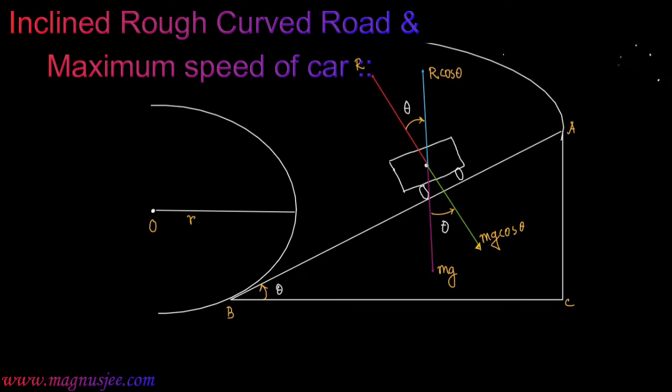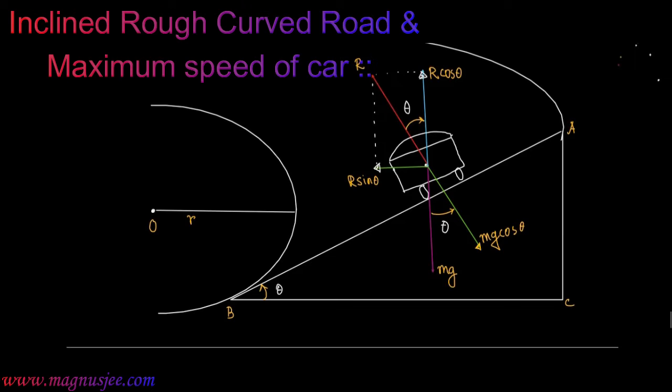The vertical component is R cos theta, and the horizontal component of normal reaction R is R sin theta. R sin theta is the rectangular component of normal reaction R which acts in the horizontal direction.